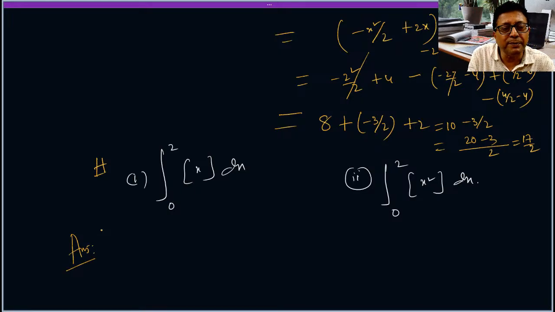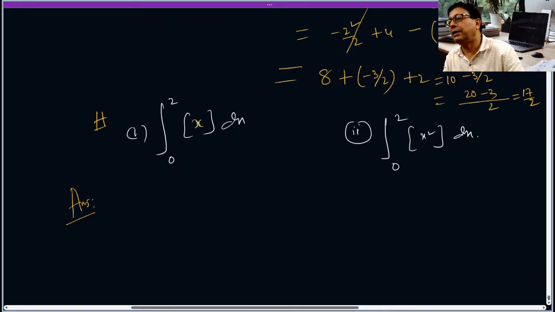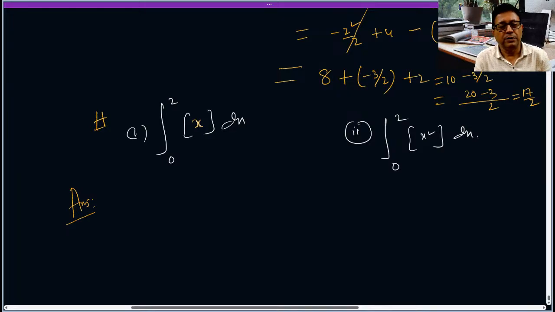Modulus function, you all remember, its value changes interval to interval. 0 to 1 it has one value, 1 to 2 it has another value.